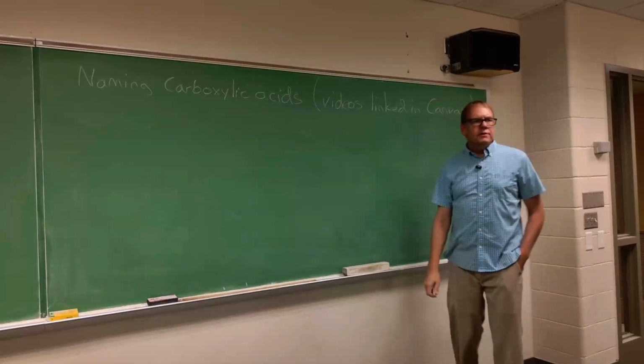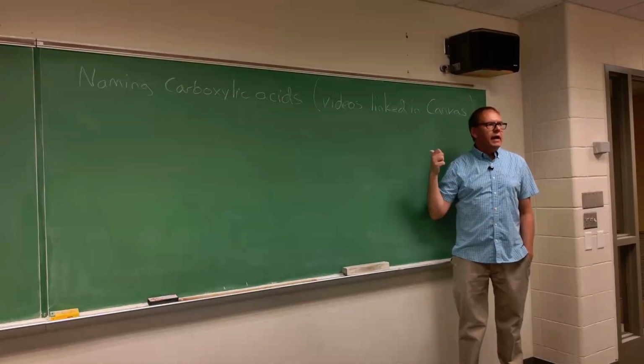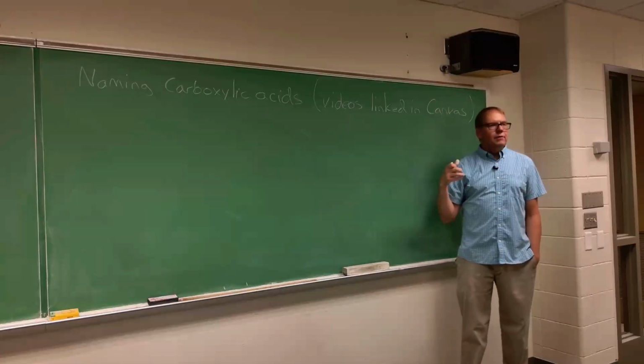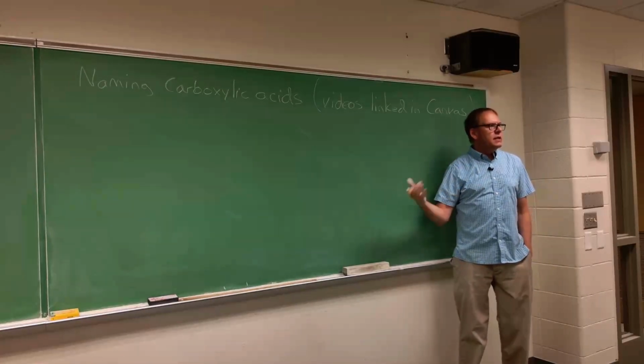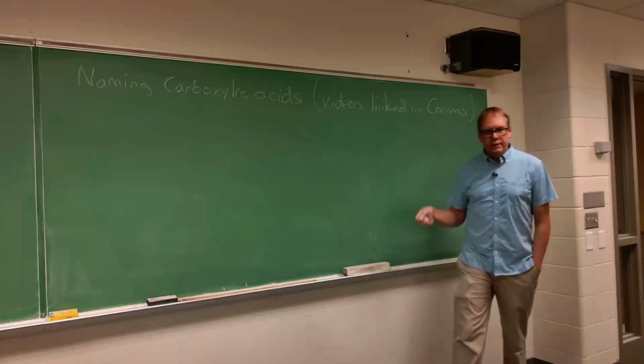I had previously made some videos talking about naming of carboxylic acids that I'm going to post or link in Canvas so that you can see them for a more detailed, in-depth discussion of naming carboxylic acids. But here are the basics.